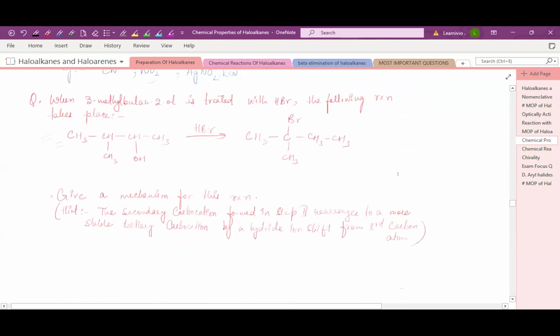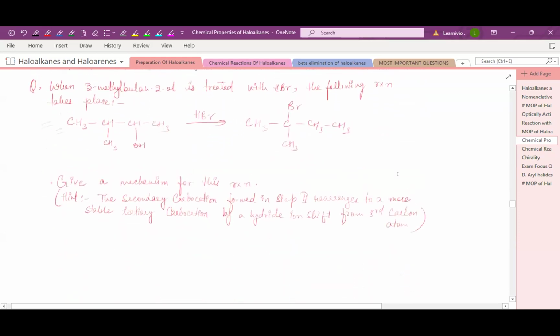Okay. Now let's see the next question over here. When 3-methyl butane 2-ol is treated with HBr, the following reaction takes place. When you treat it with HBr, you will get this.